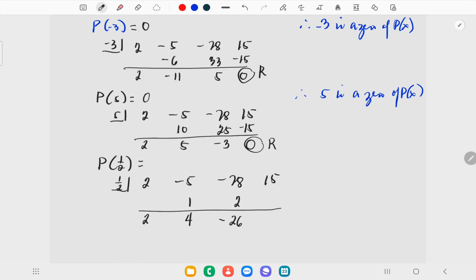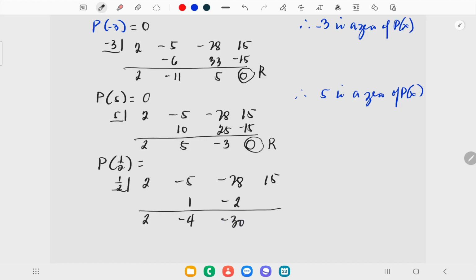-26. And then we have, oops, I have an error somewhere. Okay, there. -5 plus 1 is -4. And -4 divided by 2 is -2 times 1 is -2. And -28 plus -2 is -30.